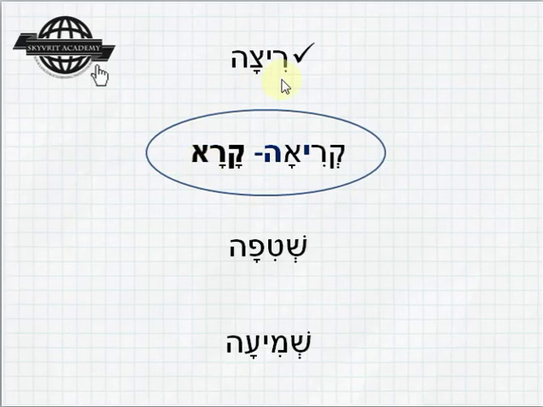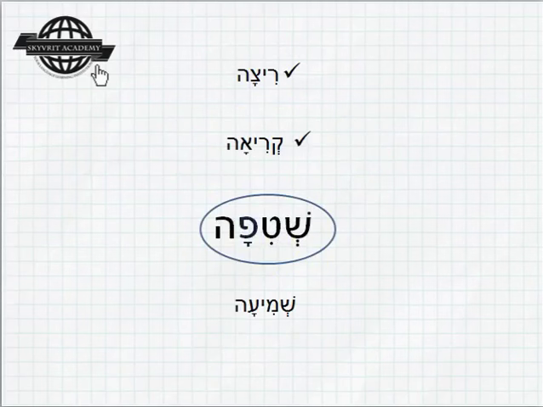In the example of ritza and shtifa, there is another process that takes place here, and this is final letters, otiyot sofiyot. Ot sofit means a final letter.